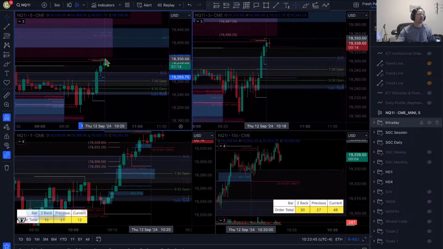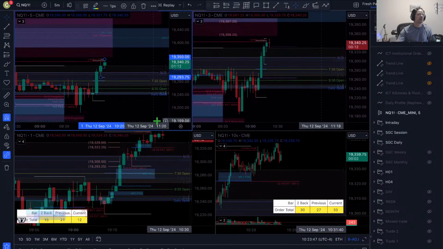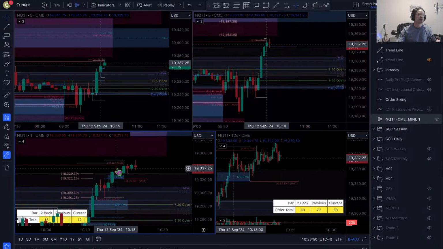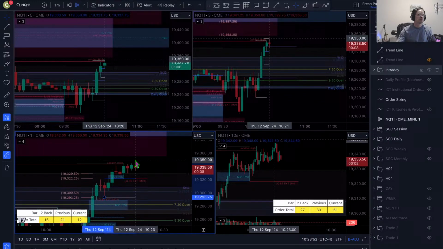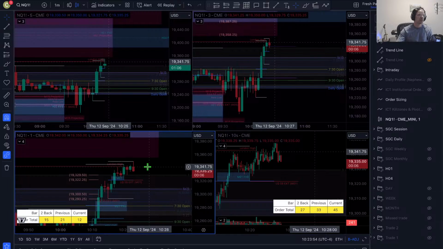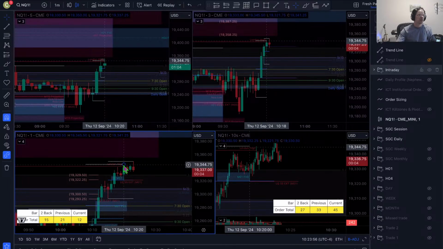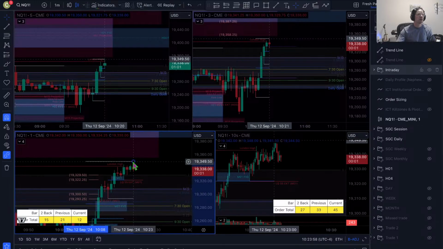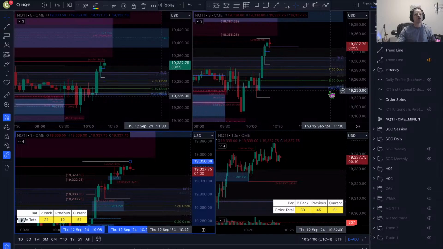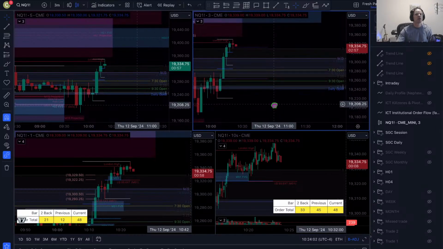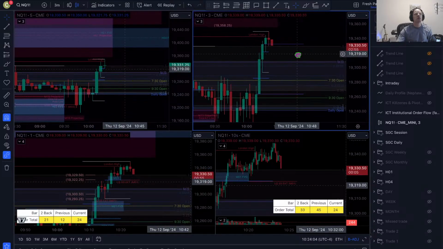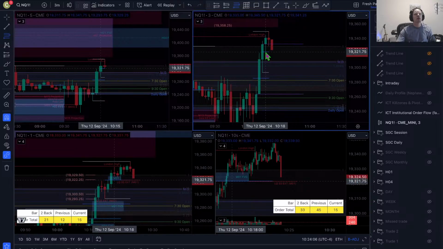So that was the one. Again, I can see us continuing up. See, that's sort of your current impulse structure. That's M5 structure, M3 structure. Notice, got a jump start on the M3 too.